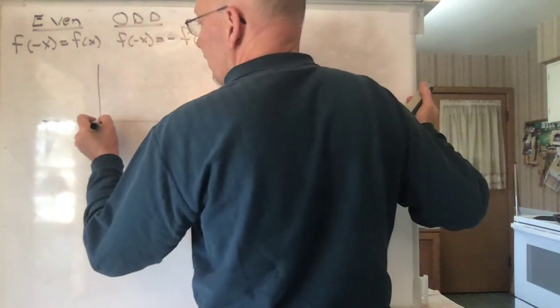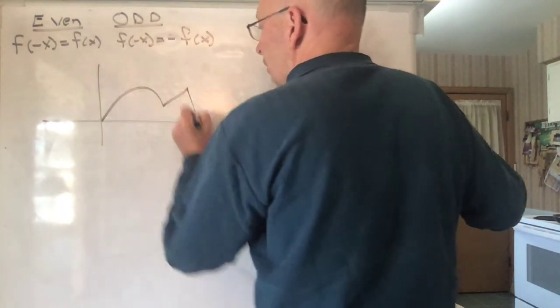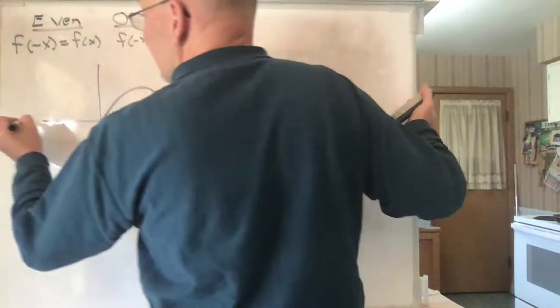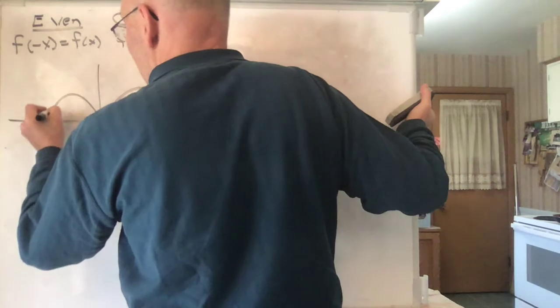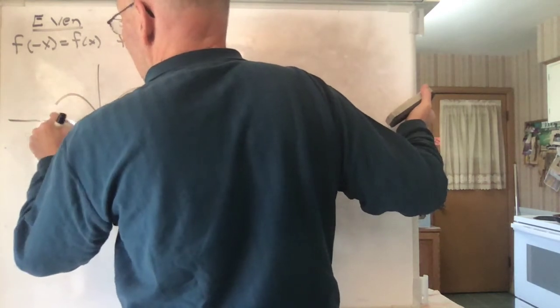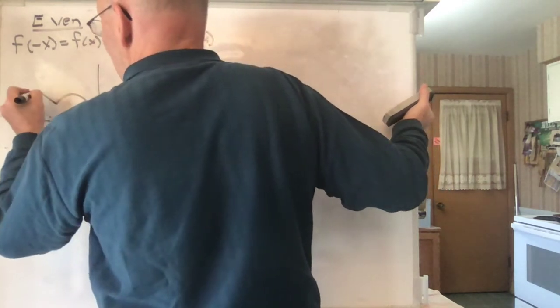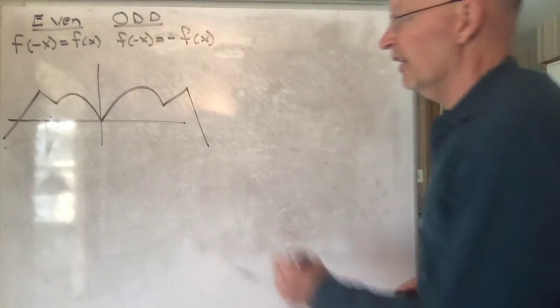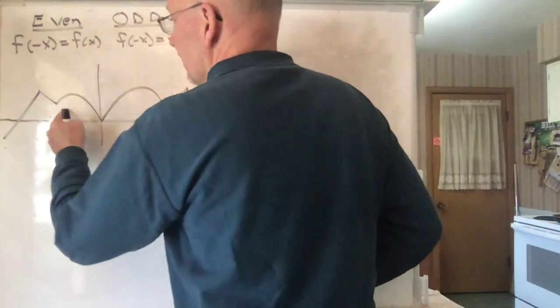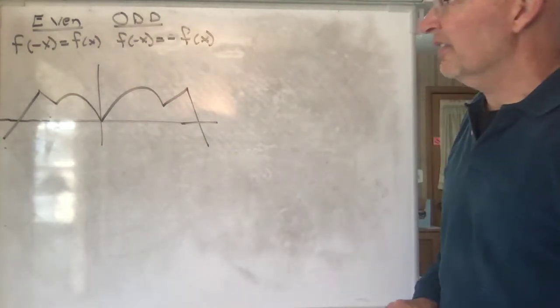So here, just to make an example, let me see if I can make something like that. There would be an even function, because everything that happens on this side just does exactly the same thing on the other side.